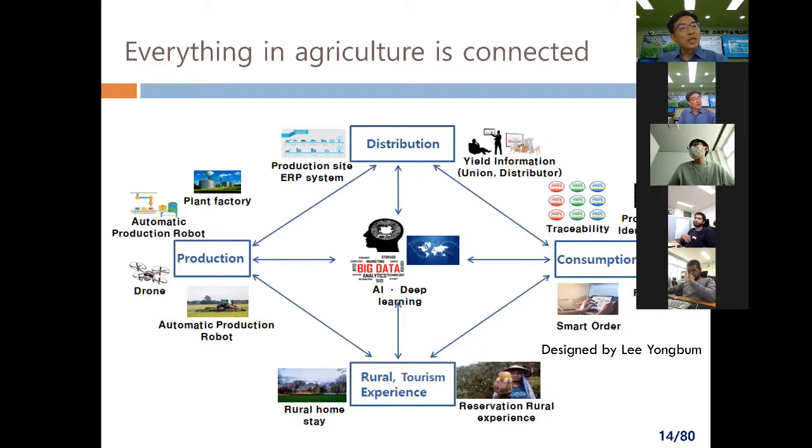The expansion of agriculture through the post-industrial revolution is expected to vary greatly in the fields of production, distribution, and consumption.